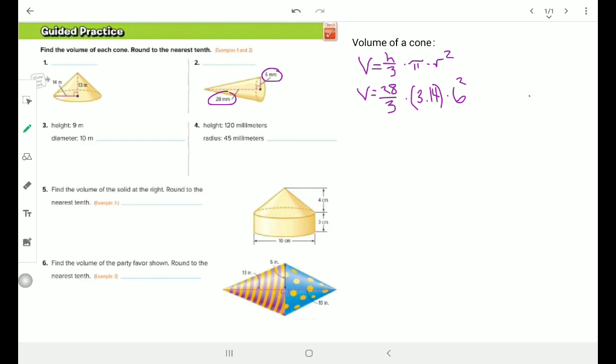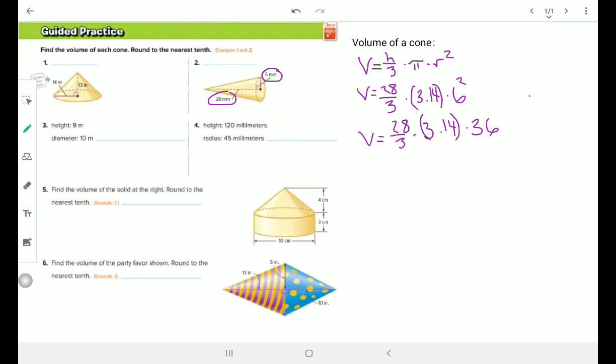We know that 6 squared is actually 36, because 6 times 6 is 36. So I can rewrite that as 36. And now I can just multiply it all out.